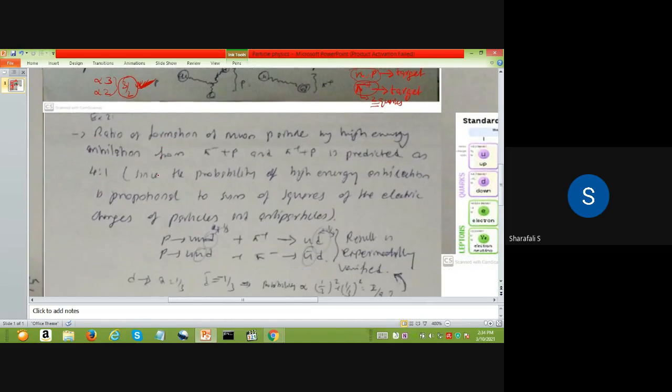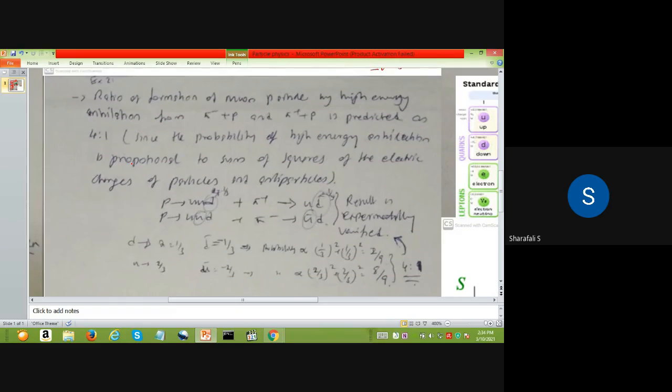Another experiment that confirms the Quark model is experiment number 2.